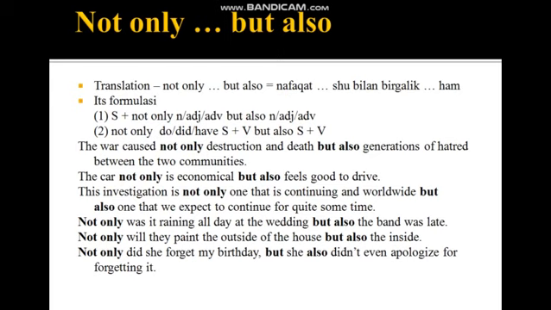The next one is "not only... but also." "Not only... but also" in our language can sound like "nafaqat blah blah, shu bilan birgalikda blah blah ham." And "blah blah" sounds a little bit confusing, but I'm going to make that clear. Just listen to me and watch the video. So its formula is right here.